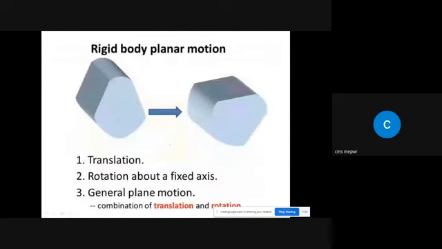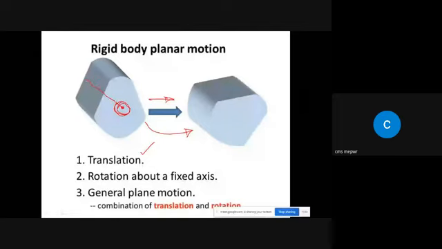So in rigid body planar motion, we can have different types of motion. The object can move in a straight line, or it can move in some curve. That will be considered translation. The object can also rotate about a fixed point, or in other words, rotate about a fixed axis, right?